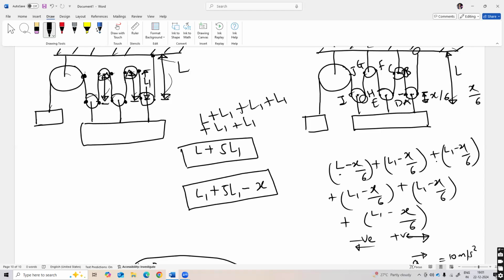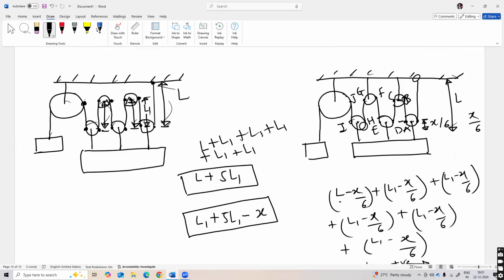Okay, so this is the new length of rope. If the length of rope initially was L plus 5 L1, from this point, let's say this point is 1 and this point is 2.